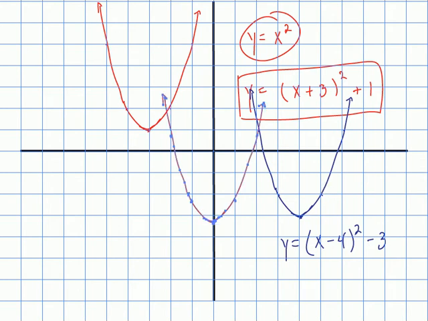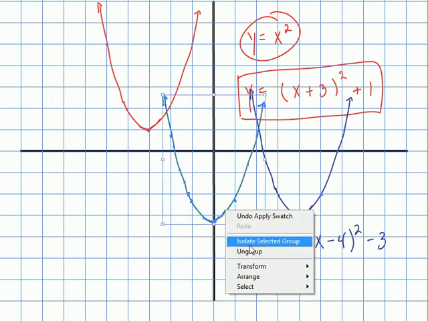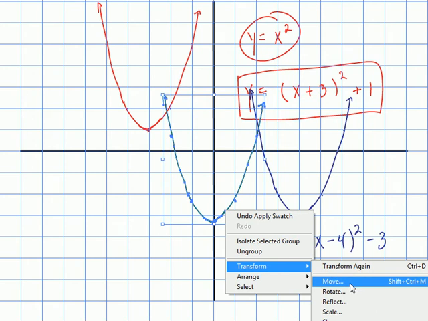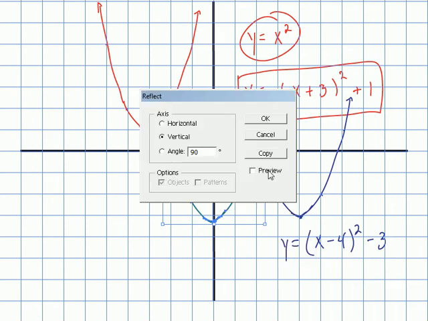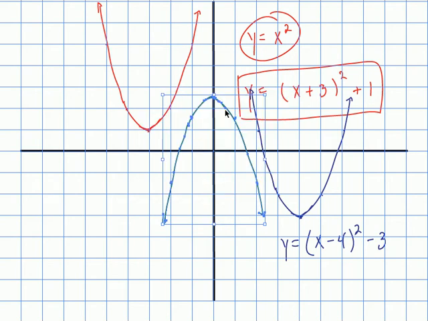All right, let's make this another color. Go green this time. And let's see if I can flip it, reflect it. Yep, that's what I want. Okay, what if I did this?